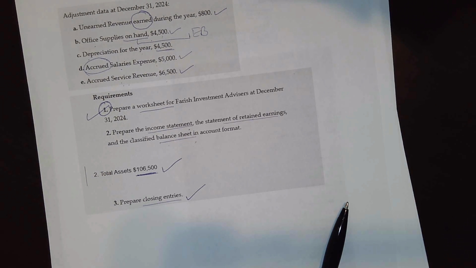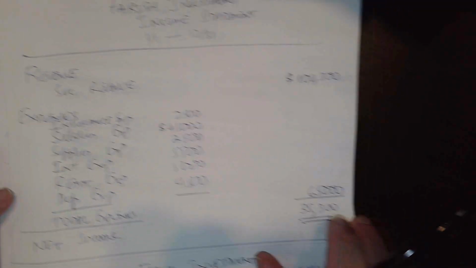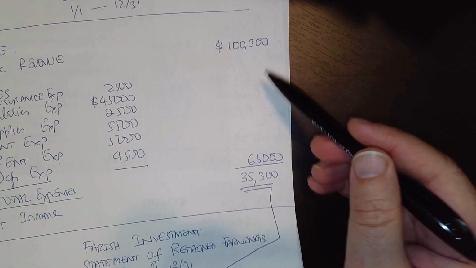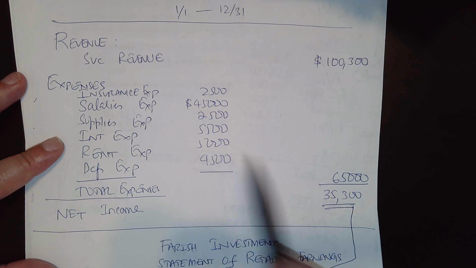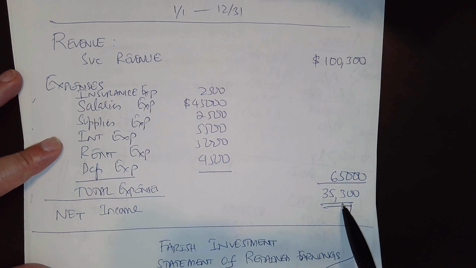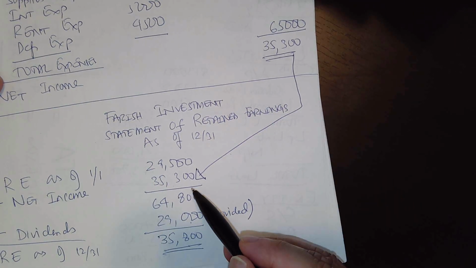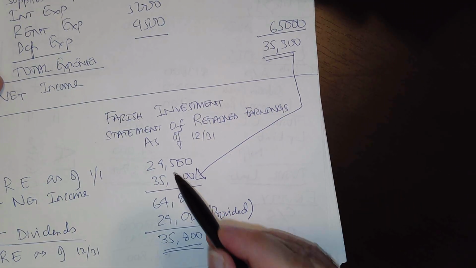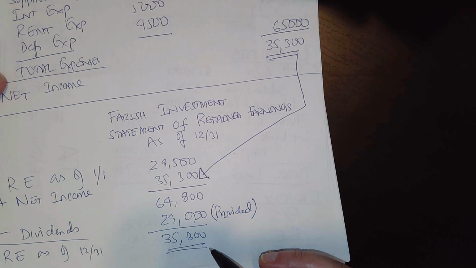First, let me show you that you made an income statement. You put all the revenues, you pull out all the expenses, and you say the net income is 35,300. And then you take this $35,300, you add it to the retained earnings, and after subtracting the dividends you calculate the ending balance of the retained earnings.